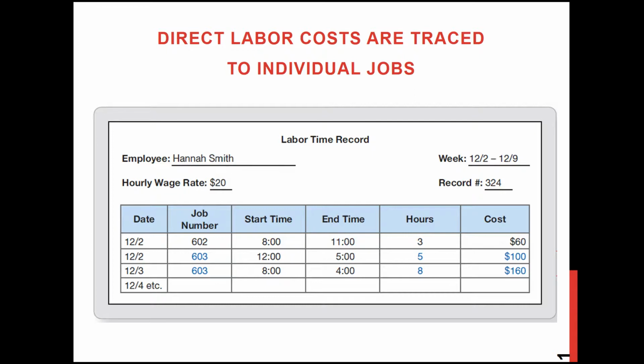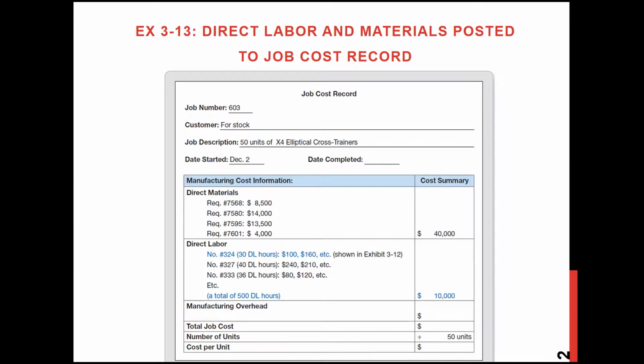And if they have 10 or 15 employees working on that specific job, they will calculate each and every person's wage rate and the total cost. And this is how they will figure out the total direct labor cost for job number 603.